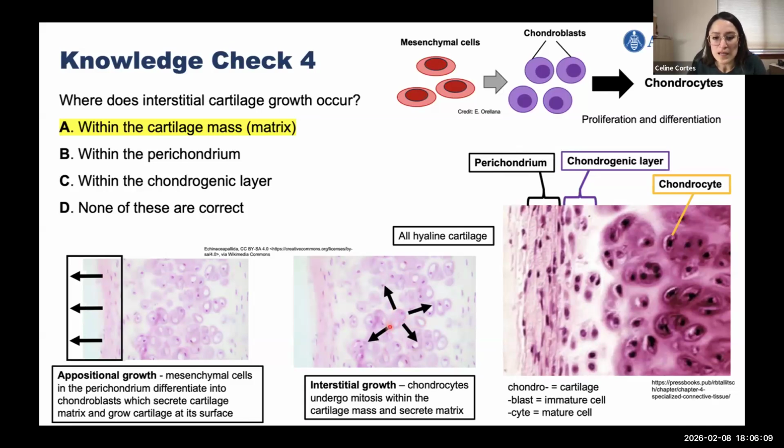So interstitial growth is more internal within the cartilage mass, whereas appositional growth involves growth in width, where the mesenchymal cells within the perichondrium differentiate into chondroblasts. Cartilage grows at its surface versus interstitial, where that growth is more within the cartilage mass. And that's the big takeaway there.